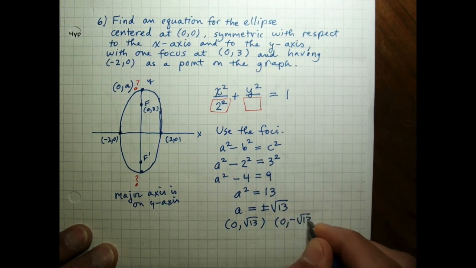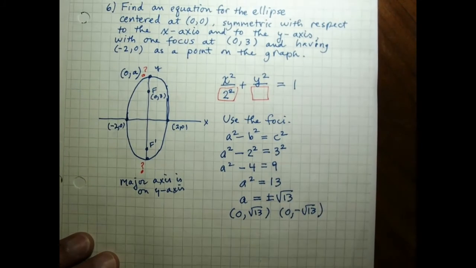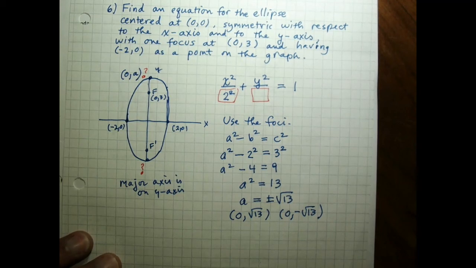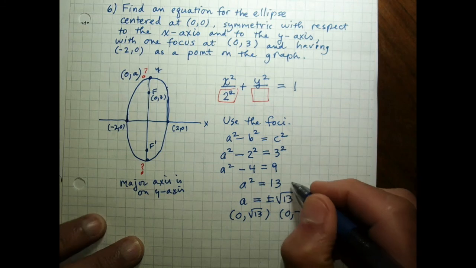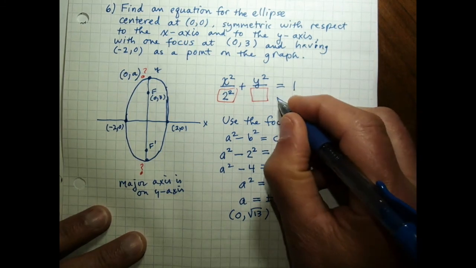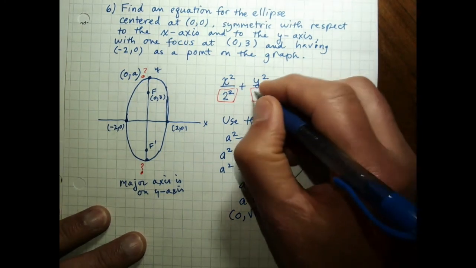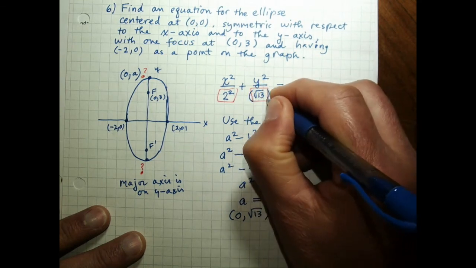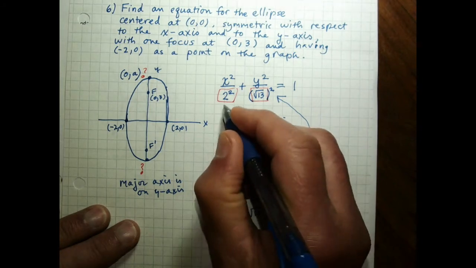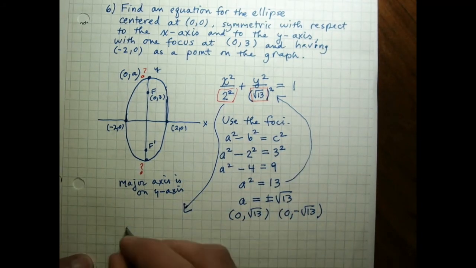Now I don't actually have to plot them here because the problem only asks us for the equation. It's a squared that's going to go underneath the y squared. And again, just like I did before, I just want to emphasize we're taking a square root squared. Let's recopy the answer down here.